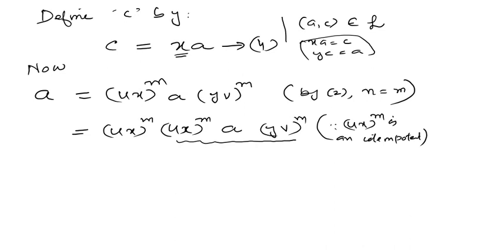This is equal to ux power m, then C. Now this should be an element y times C.